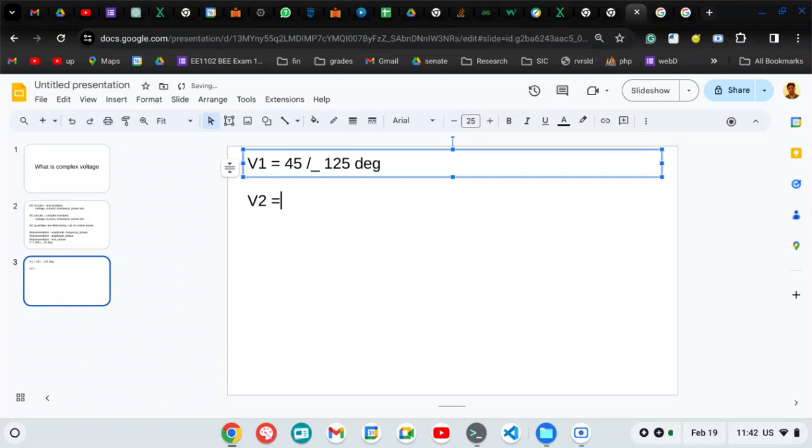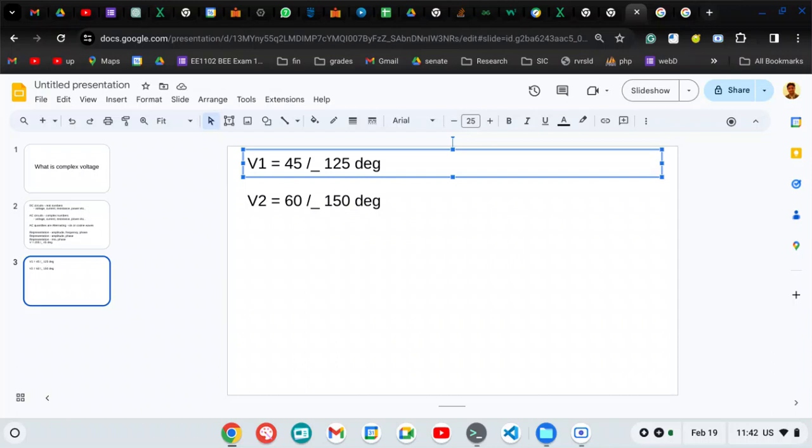Another vector, the magnitude is 60 and the angle is 150 degrees. These could be currents, voltages, impedances, whatever. Here we can say which is leading, which is lagging. V2 is leading, V1 is lagging, because V2 is 150 degrees.